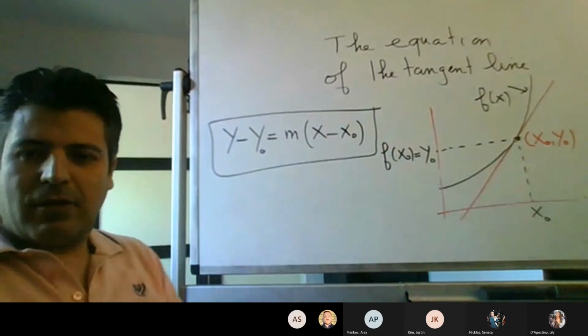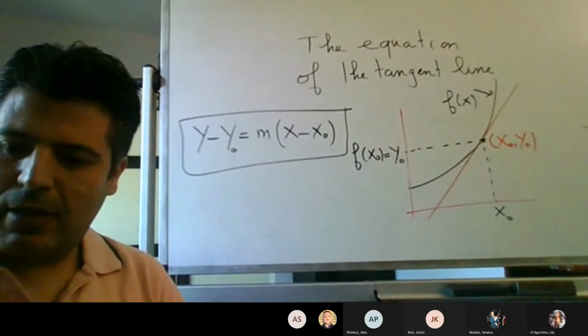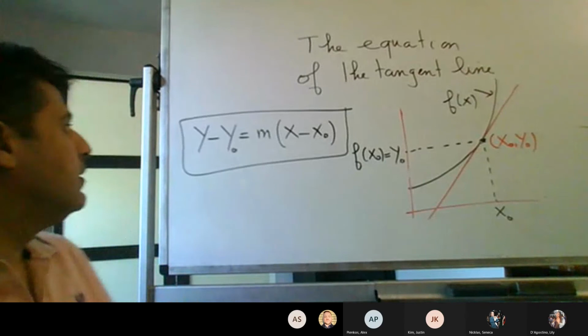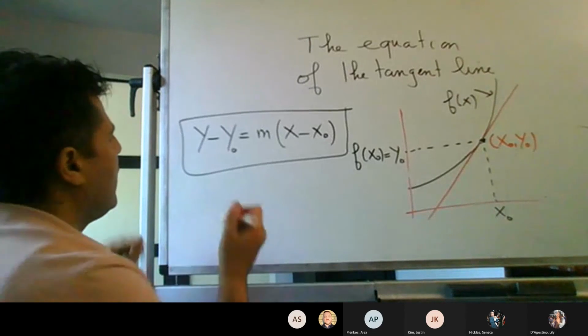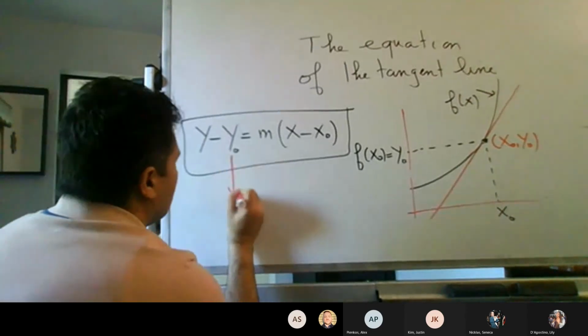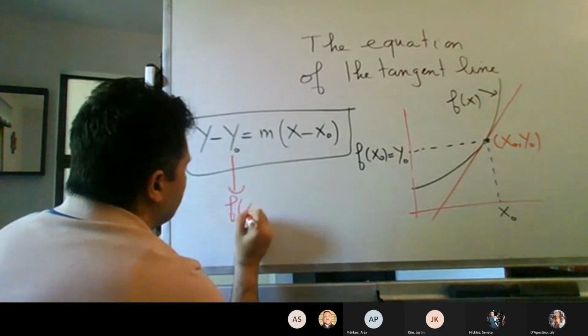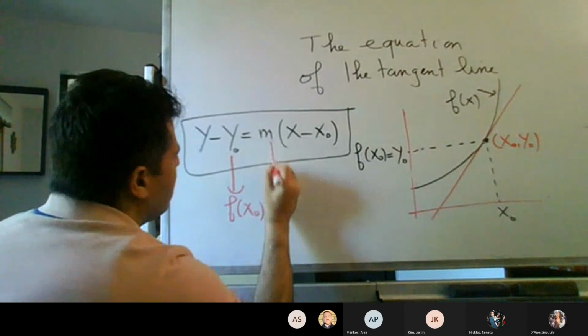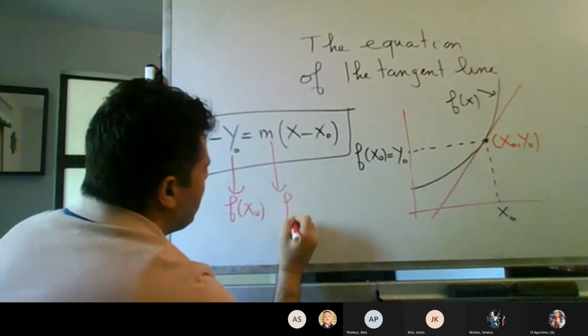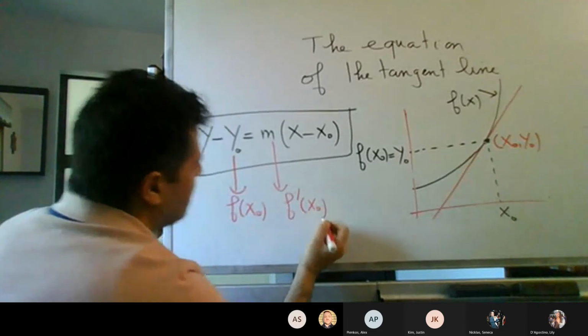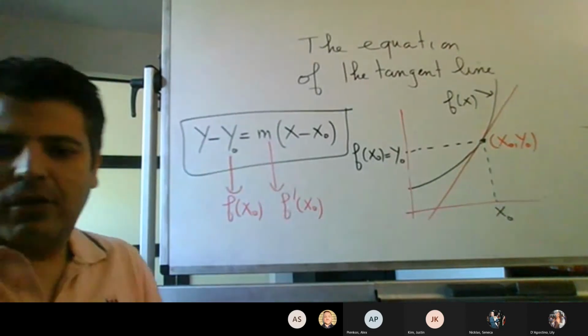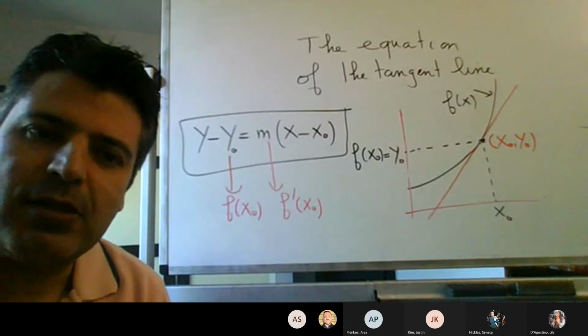And y0 is f at x0, and the slope m is f prime at x0. So this is how to write the equation of the tangent line.